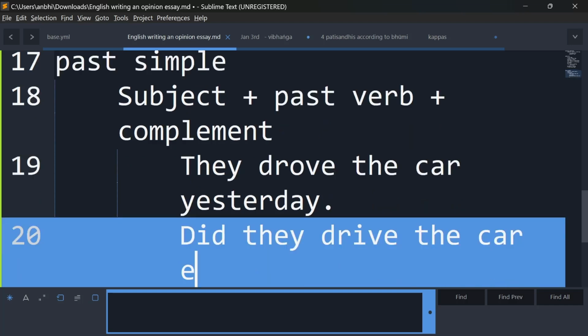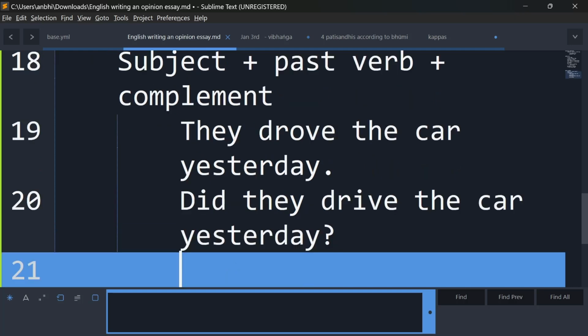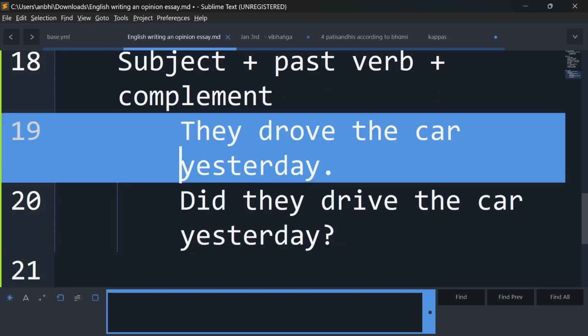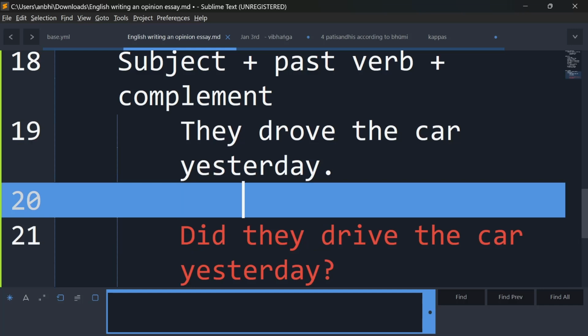Not two pasts. Remember this. Did they drive the car yesterday? This is a question, sorry. So you have to put a question mark. Some of you are still forgetting the question mark sometimes. Always a question mark, okay?